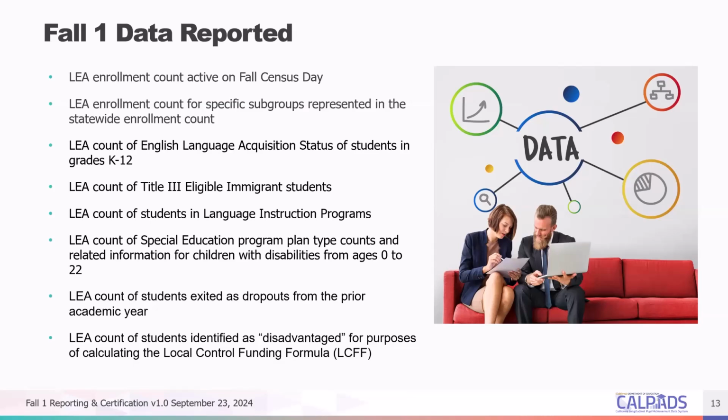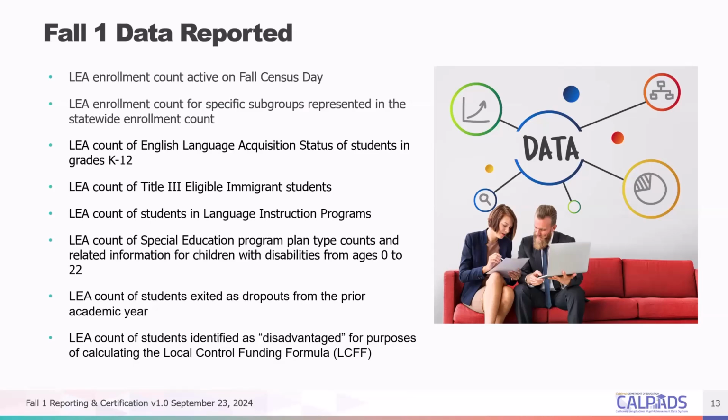The enrollment count of specific subgroups represented in the statewide enrollment count. So of your active enrollment, what programs your students are a part of, or what subgroups their demographics include them in. A count of the English language acquisition statuses for all students. In Fall 2, we focus on English learners and their services. In Fall 1, we take a count of all English language acquisition statuses.